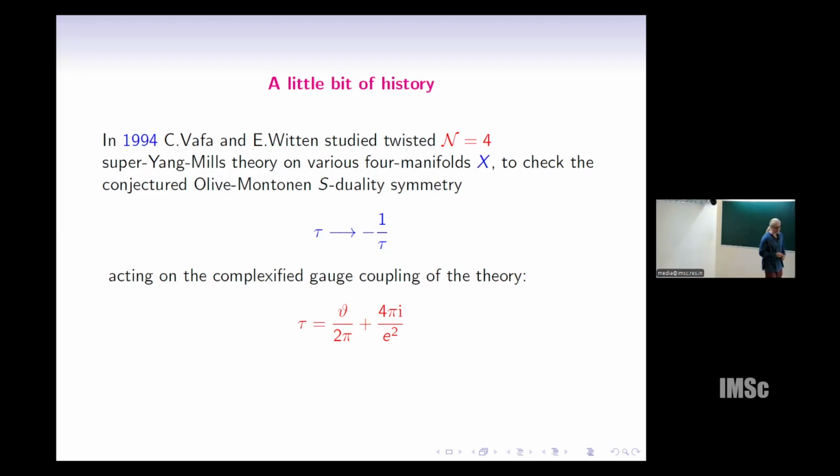But Maxwell theory is free, so it's not really a very meaningful statement unless you are on curved spacetime. But the conjecture was that if you do this for non-abelian theory with maximal supersymmetry, you still have the analogous duality. And this duality in particular inverts the gauge coupling. More precisely, if you have a gauge coupling and theta angle, you can combine them in this complex parameter tau, and this parameter gets basically inverted.